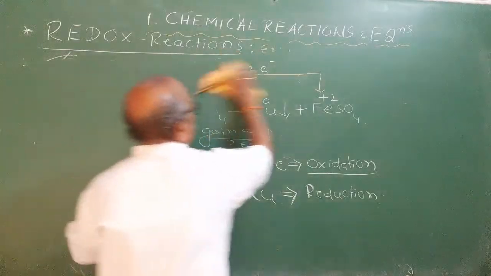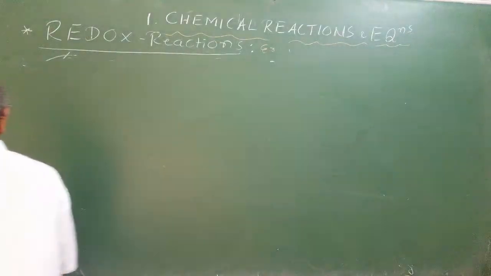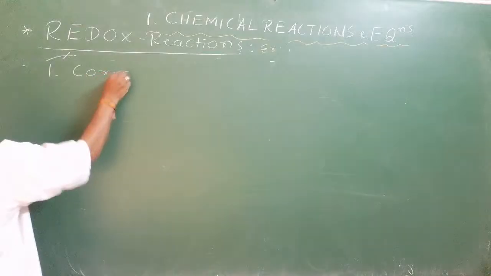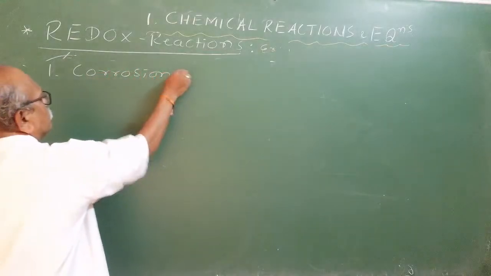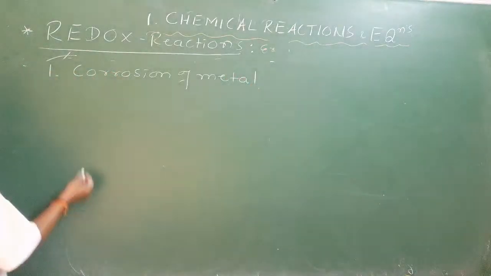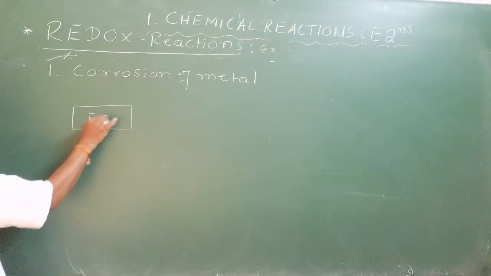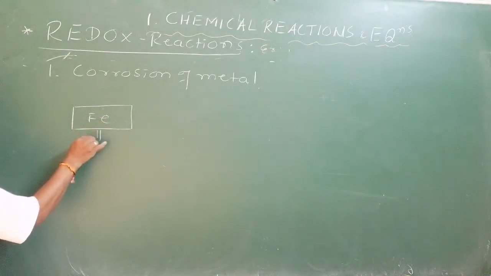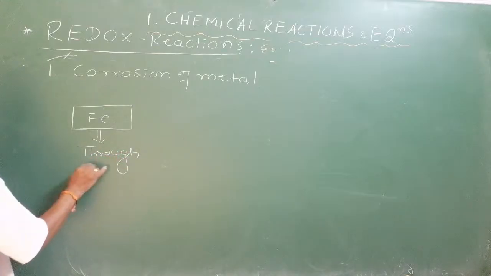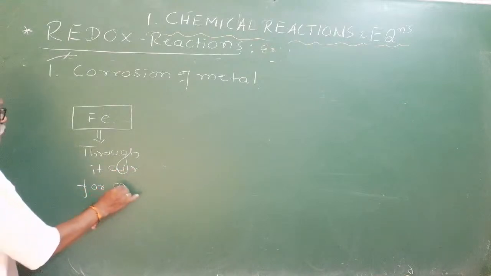Let us move on to the last part, that is corrosion of metals. You do one thing: take a strip of iron and leave it in moist air for one season.